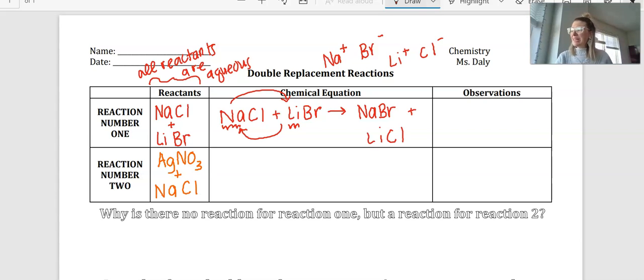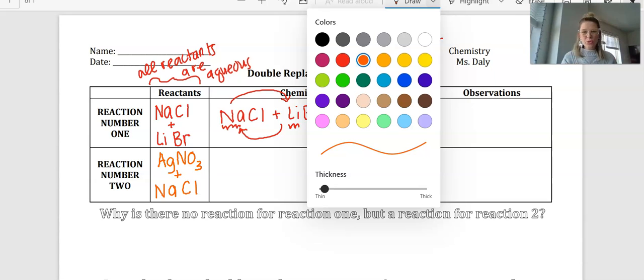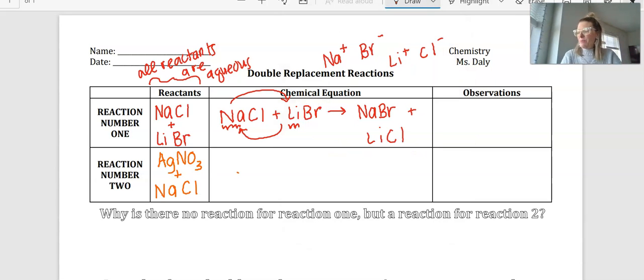Okay, our second reaction today, let's just quickly go through and predict our products. We have AgNO3 plus NaCl. From this reaction, we want to swap our metals. So Ag and Na are going to swap spots.